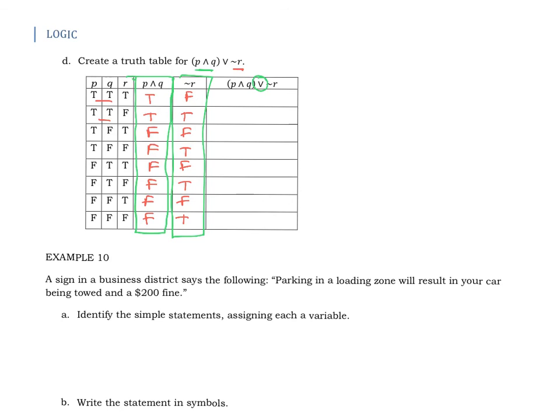If one or both are true, it's going to be true. So true, false is true, true, true is true, false, false is false, false, true is true, false, false is false, false, true is true, false, false is false, false, true is true. Okay, let me just double check that, make sure I'm not a liar. Okay, I think we're good.